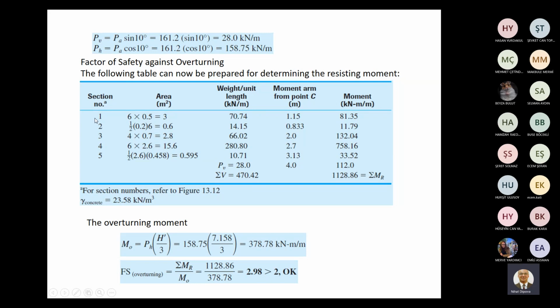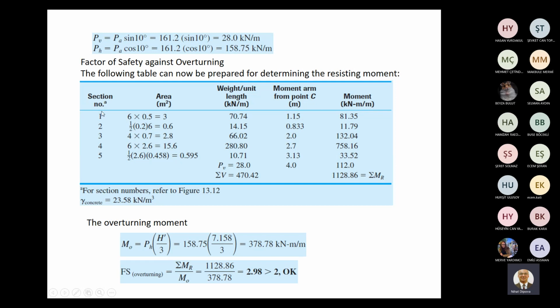For every section, we will calculate area. Applying unit weights, we will determine weight of this section. And we will determine moment arm, then calculate moment.